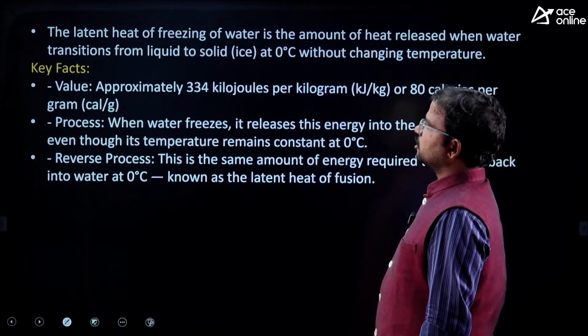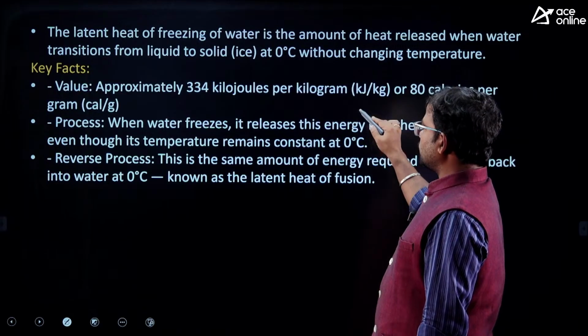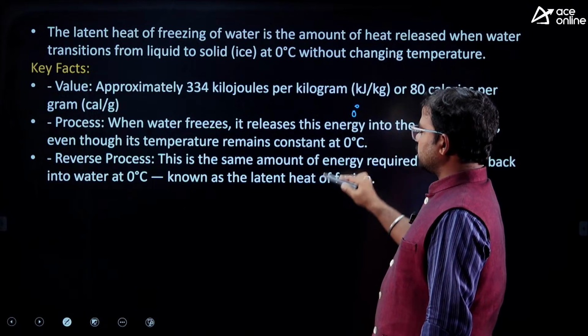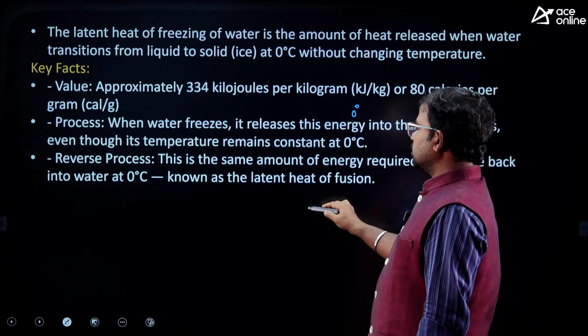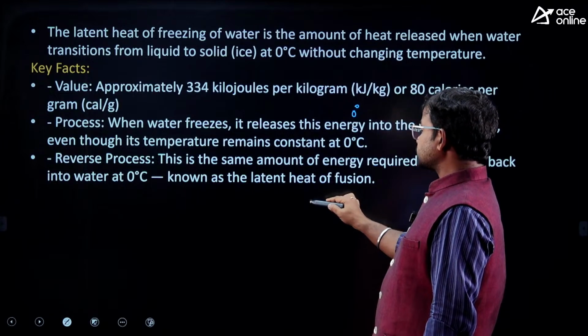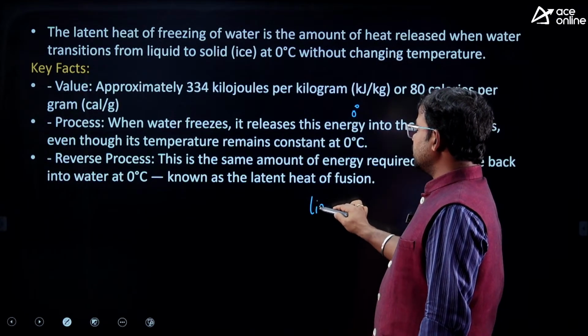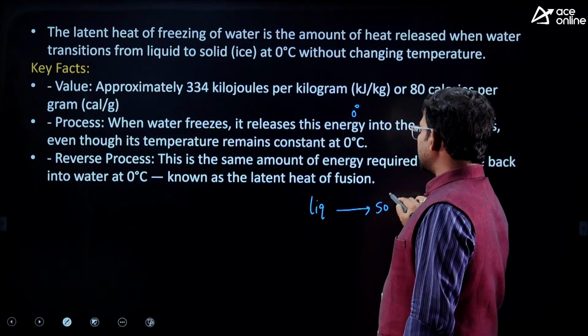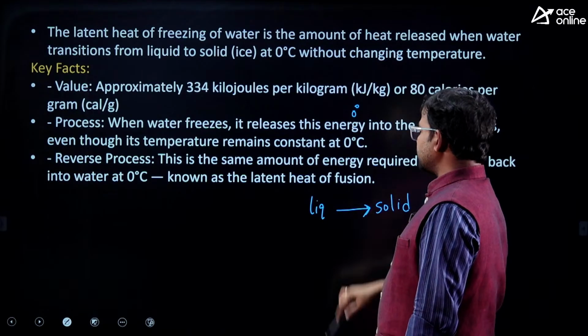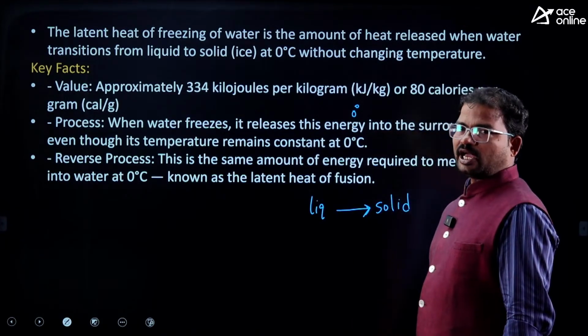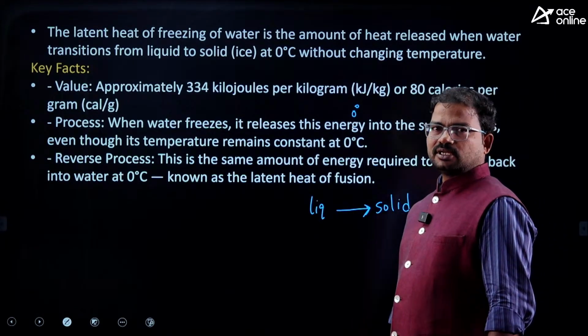What about latent heat of freezing? The freezing point, you already know, is 0 degrees centigrade. If you consider water in the liquid state, liquid can be converted to solid, so here we have to maintain the temperature constant.